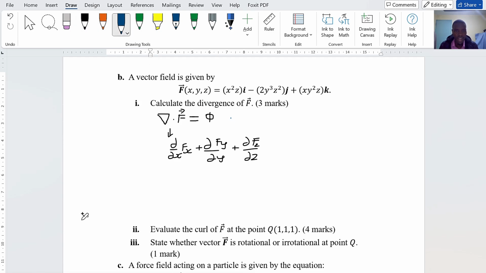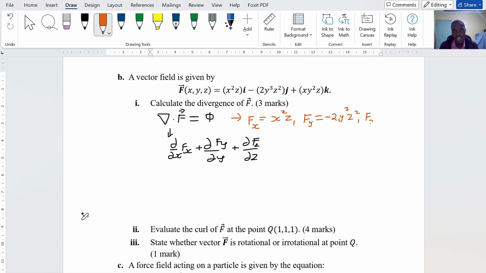From the information we have here, we can see clearly from the equation we are given that fx is the coefficient of f in the direction of x, which is x squared z. Then fy is the value of f in the direction of y, which is -2 y cubed z squared.